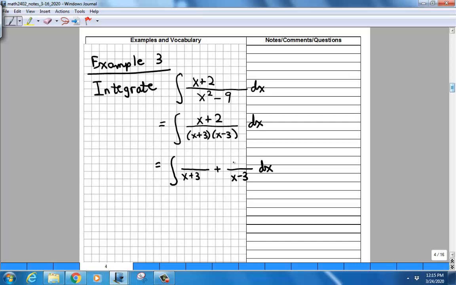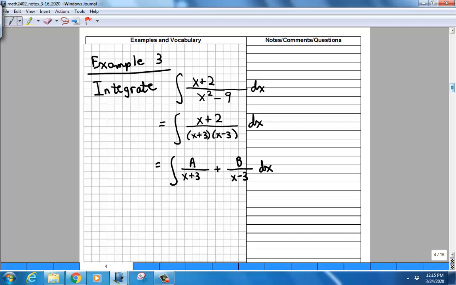But we don't know what the numerators of these two partial fractions are, so that's what we need to determine. For the moment, we're just going to let those be represented by unknowns, and I'm going to label those unknowns as capital A and capital B. That's kind of traditional practice when trying to break a rational expression up into partial fractions.